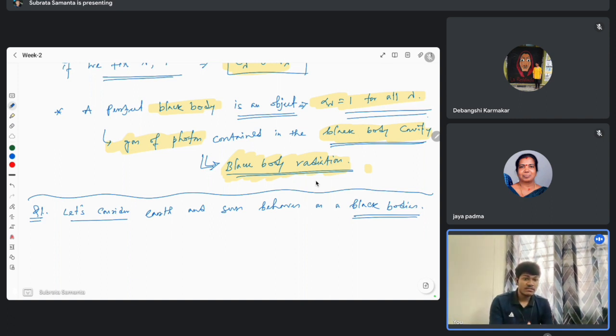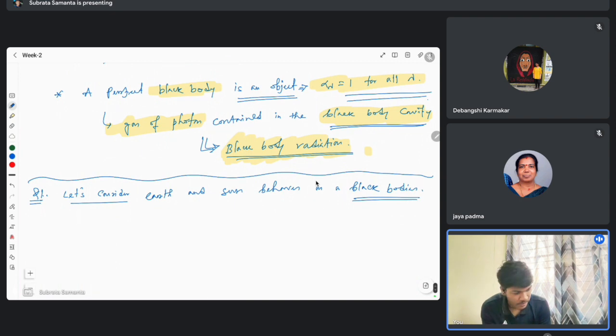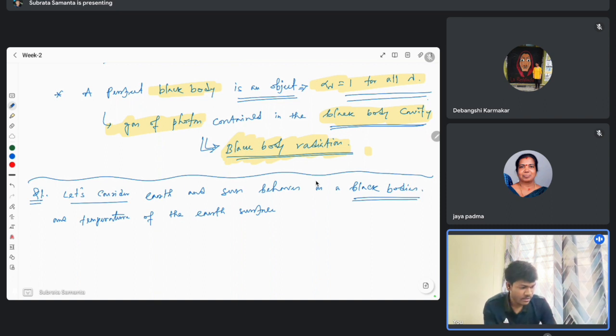The temperature of the Earth's surface is maintained by the radiation from the Sun.